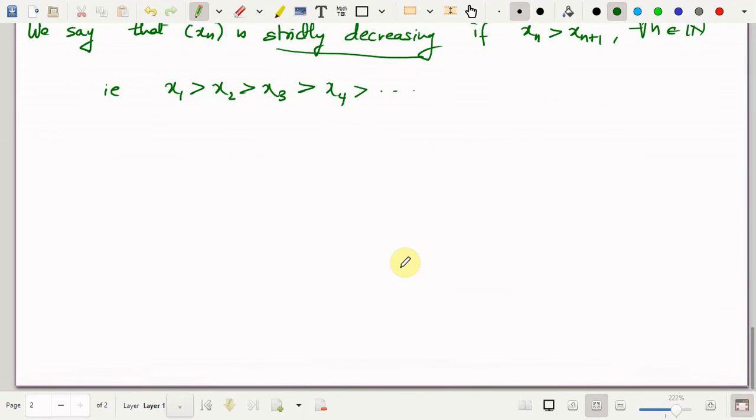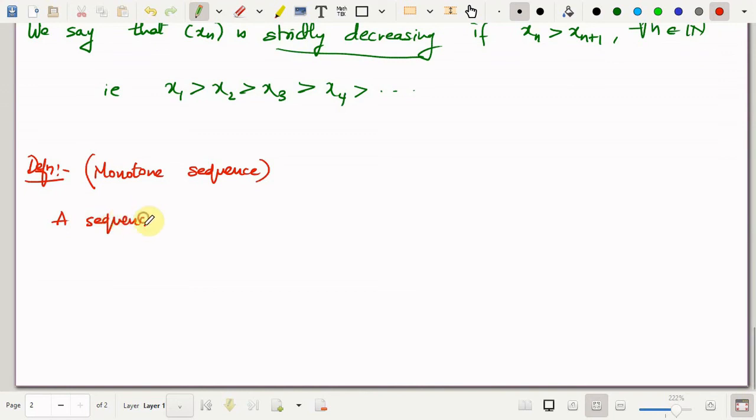Okay, now if the sequence is either increasing or decreasing, then we call it a monotone sequence. A sequence xn is said to be monotone if it is either increasing or decreasing.